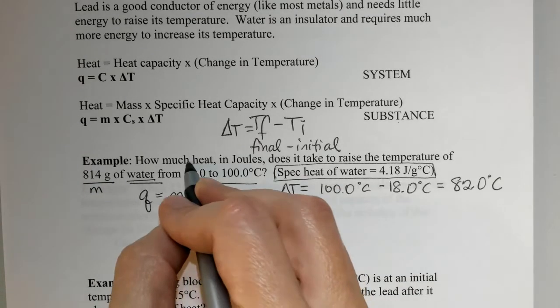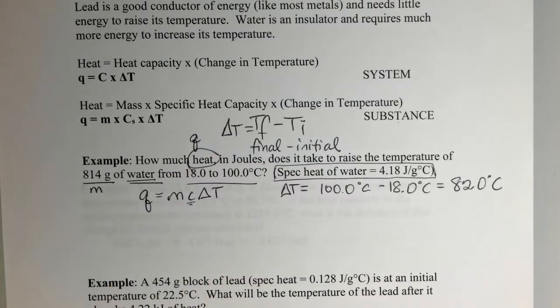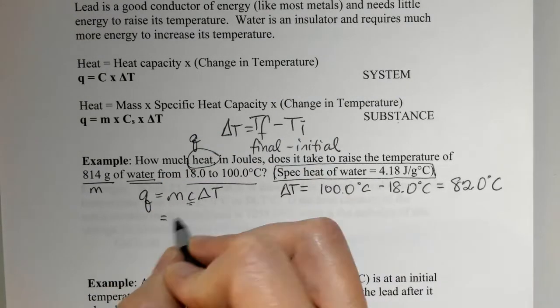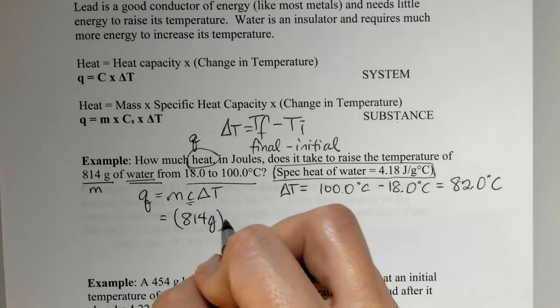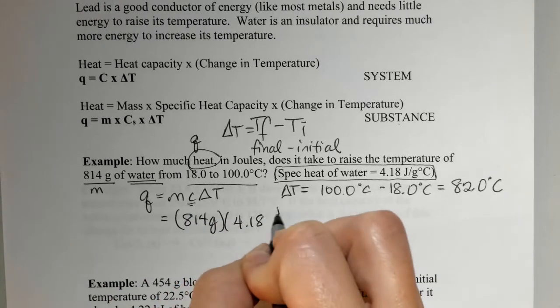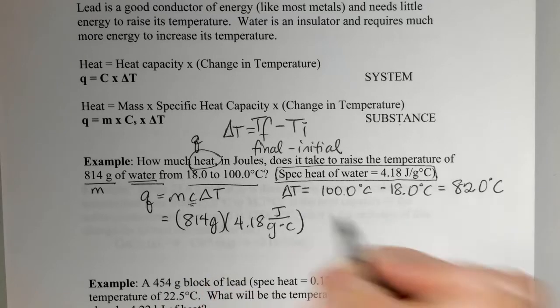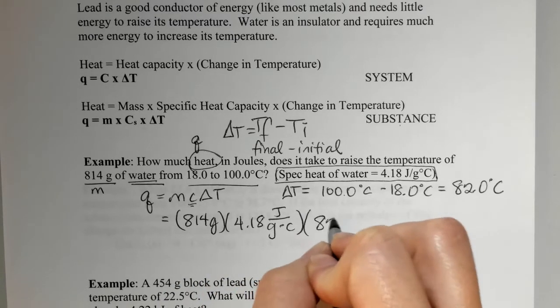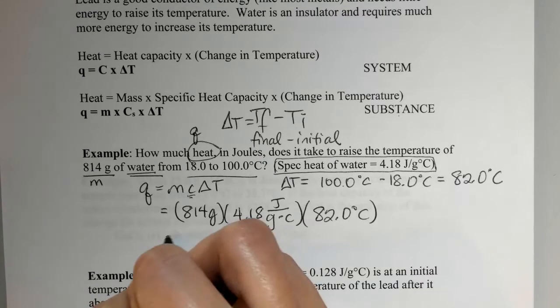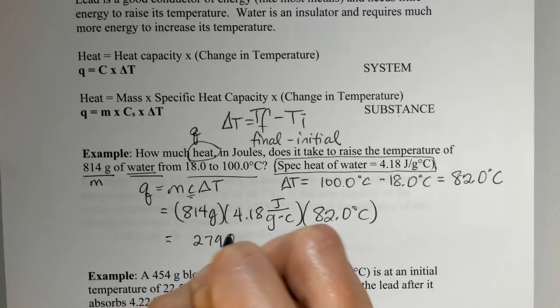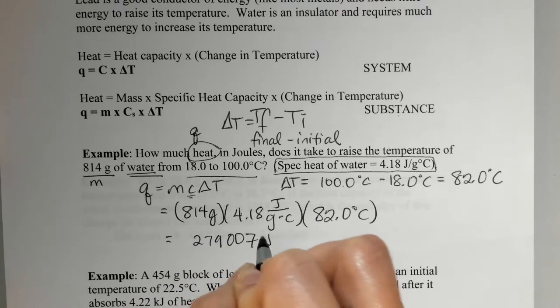When it's asking you for heat, we are looking for Q. So we have our mass, 814 grams, our specific heat capacity, 4.18 joules per gram degree Celsius, and our change in temperature of 82.0 degrees Celsius. If I take 814 times 4.18 times 82, big number, right? 279,007 joules.